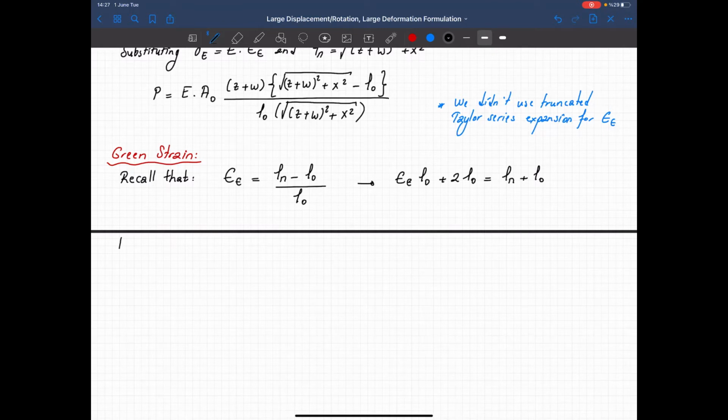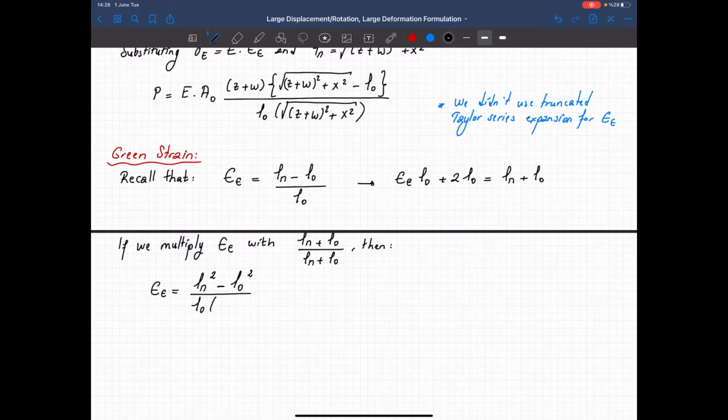Now, if we multiply epsilon E with Ln plus L0 divided by Ln plus L0, then I'll have the following expression: epsilon E is equal to final length squared minus L0 squared, divided by L0 times Ln plus L0.